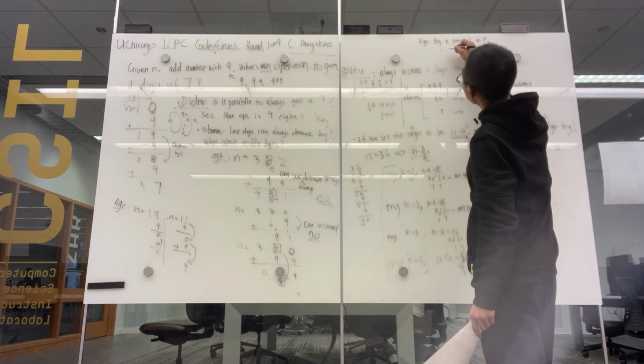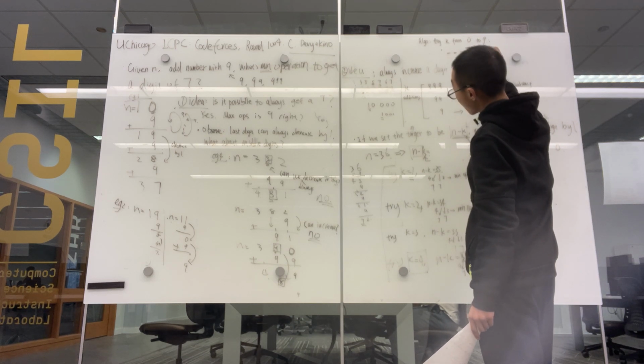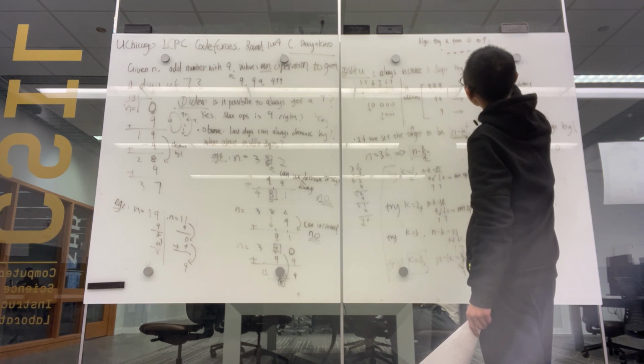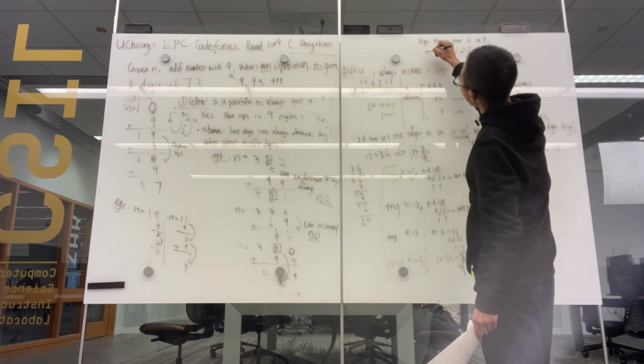If the number has 4 or 5 positions, say this number is 1, 2, 3, 4, 5, this is n minus k.